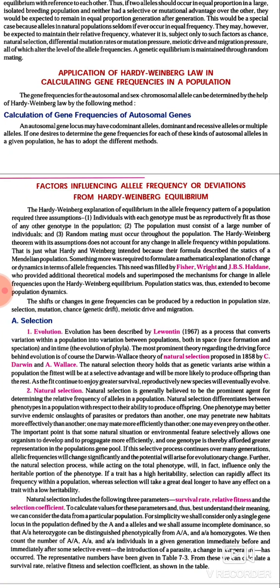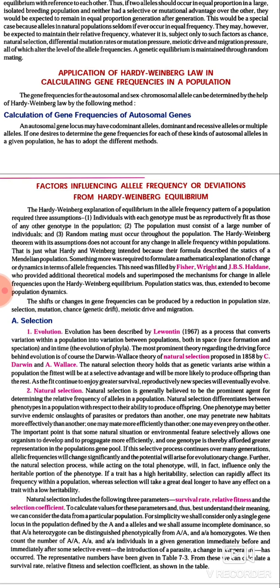One may even prey on the other. The important point is that some natural situations or environmental features selectively allow one organism to develop and to propagate more efficiently, and one genotype is thereby afforded greater representation in the population gene pool.